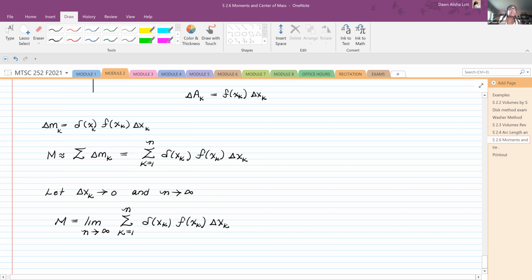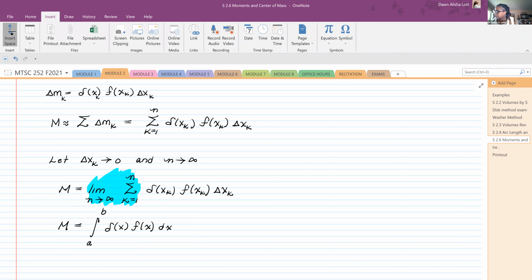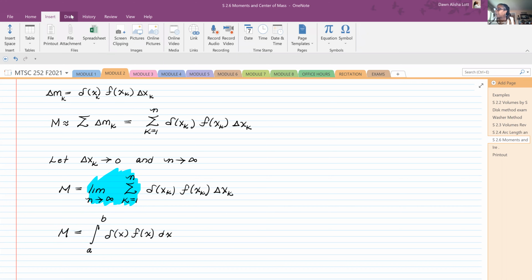But again, this is calculus. The limit of a sum is an integral. So therefore my mass turns out to be the integral from a to b of delta of x f of x dx. So now I have a formula for my mass.